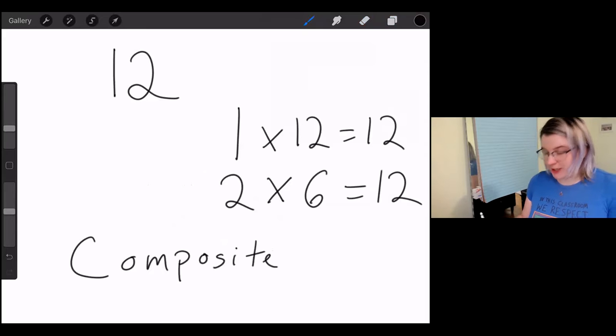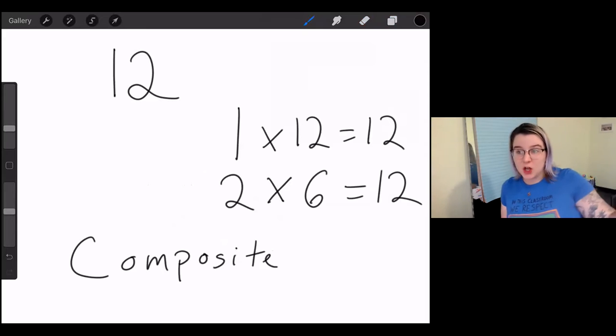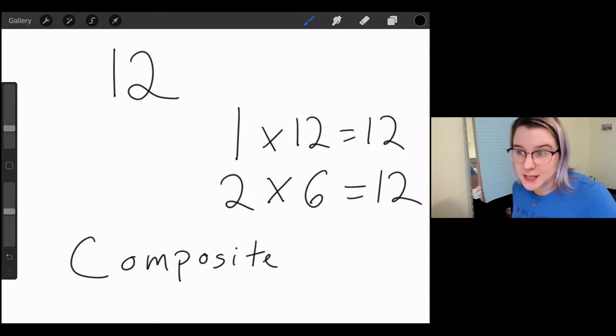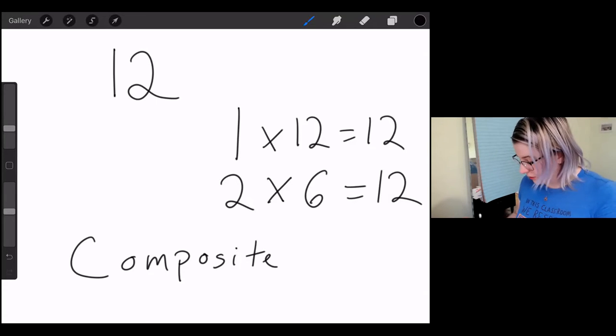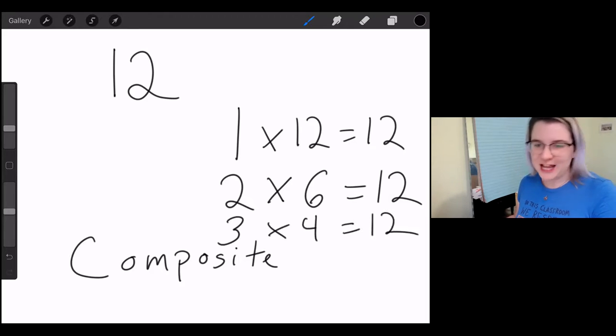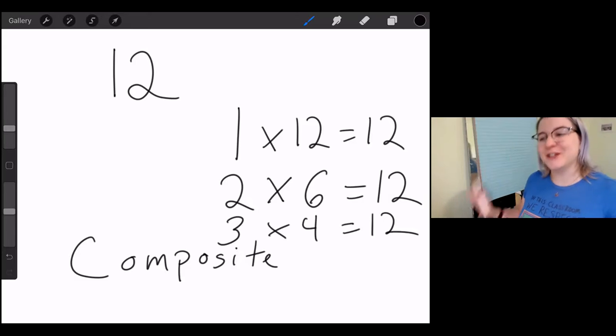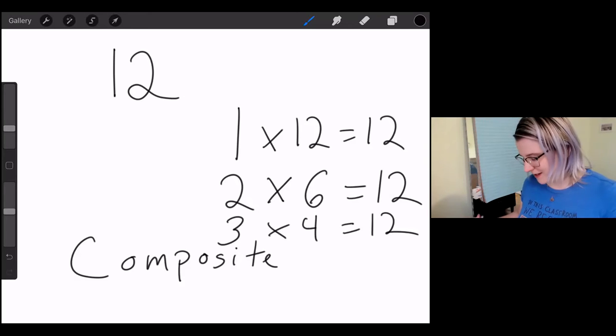Now, if the question in front of you asks you to list all factors and then tell if it is prime or composite, then maybe I'm not done. Maybe I have to look further and check 3. But if all I'm asking for is whether a number is prime or composite, you just need to find that one extra set. So 12 has more than 2 factors. It is a composite number.